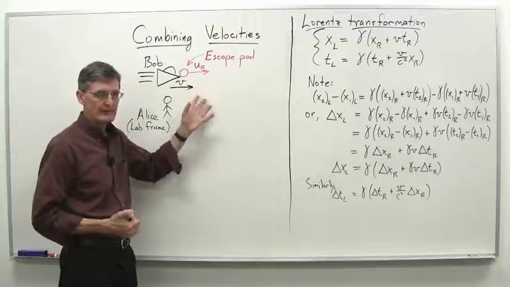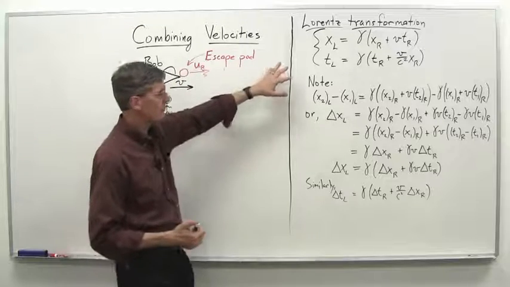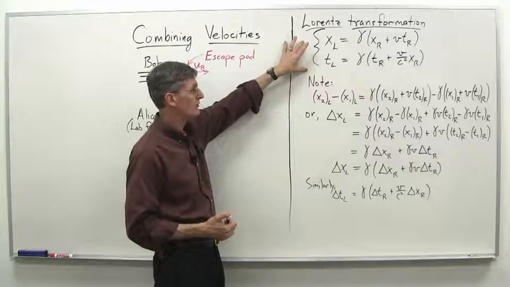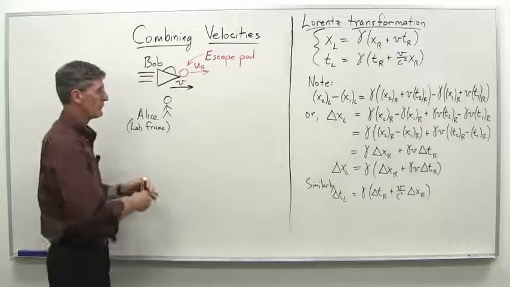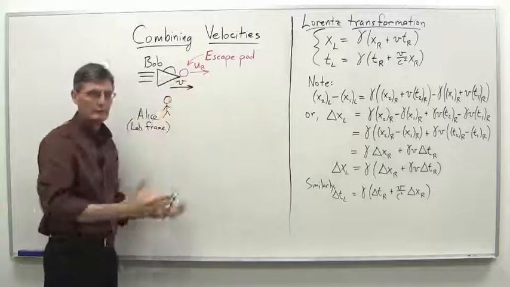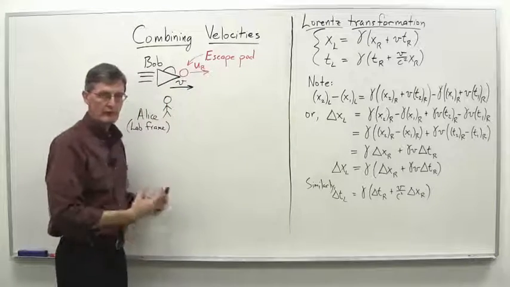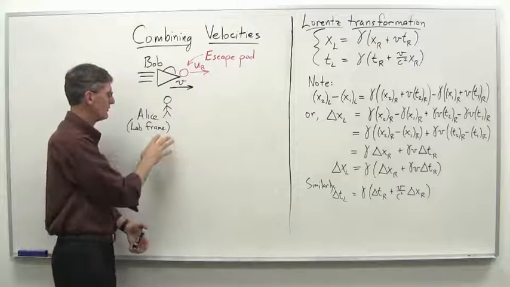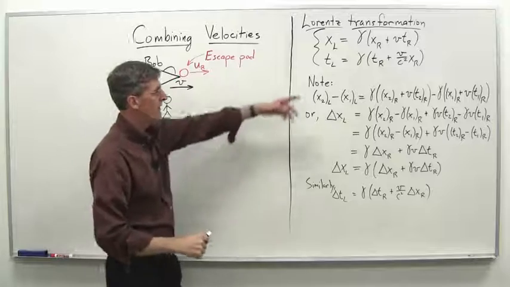Before we get into those details, let's remind ourselves about the Lorentz transformation. I've written the two basic equations here, where the r's stand for, in this case, the rocket frame. That's what we're going to call it this time. We could call it Bob's frame, of course. But we'll say it's the rocket frame moving with some velocity v to the right compared to Alice, and she's in the lab frame, thus the L's here.